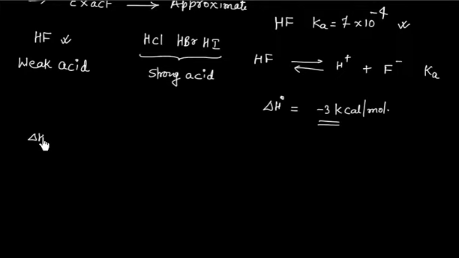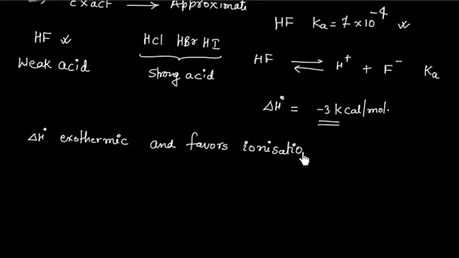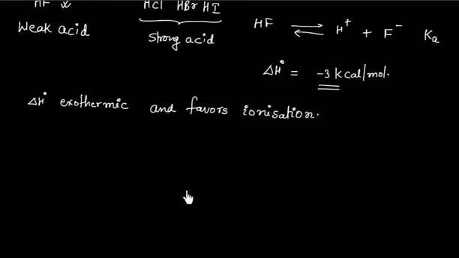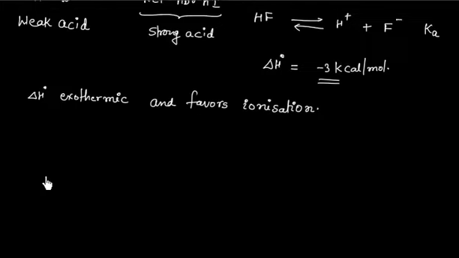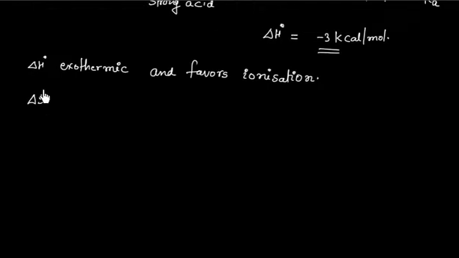So I can say delta H degree is exothermic and favors ionization. The process of ionization is favored by delta H degree. But for the same reaction, if I look at the value of delta S degree, that is the entropy change at 25 degrees centigrade, this value is minus 24.5 calorie per Kelvin per mole.